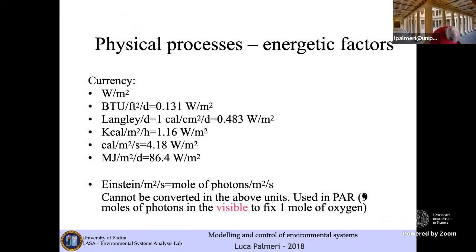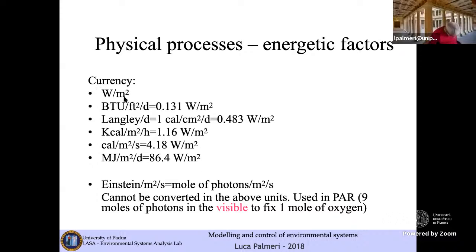How do we describe the energy transfers in our models? We generally employ these units.